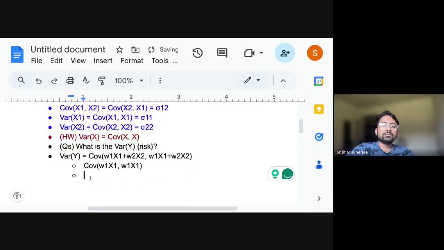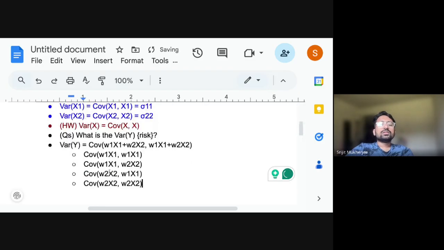The second term will be the covariance of w1 x1 comma w2 x2. The third term will be w2 x2 comma w1 x1. The fourth term will be w2 x2 comma w2 x2.